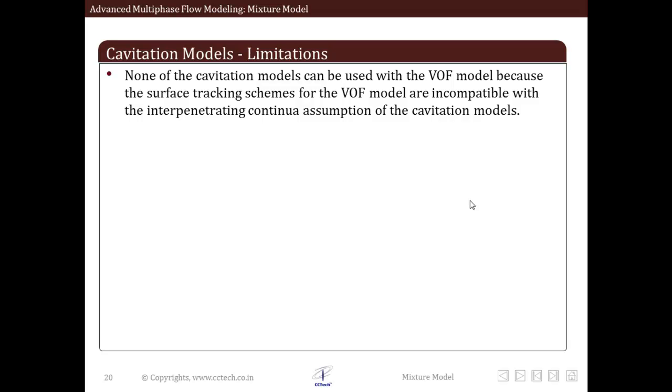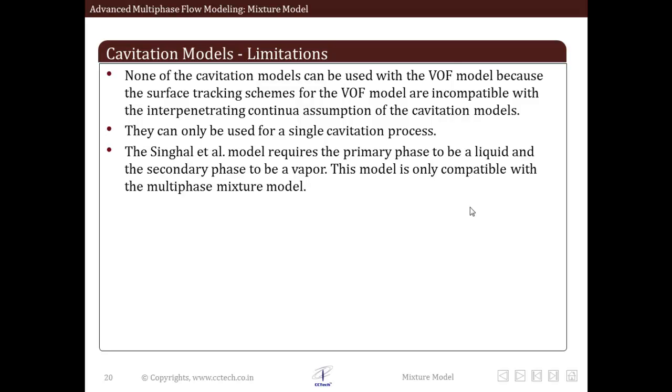This is a basic violation of the VOF principle of surface tracking. So, we cannot use the VOF model along with cavitation models. We can model only one single cavitation process. That is, we cannot model multiple cavitation processes within a single problem. Only one single phenomenon of cavitation can be modeled.